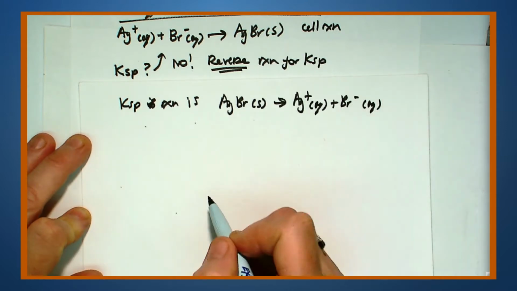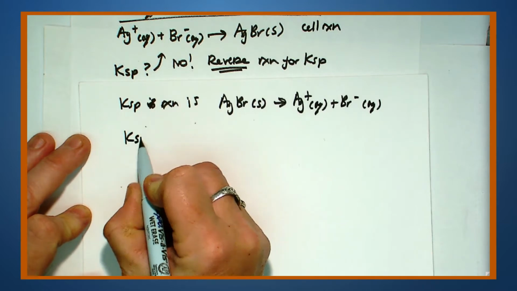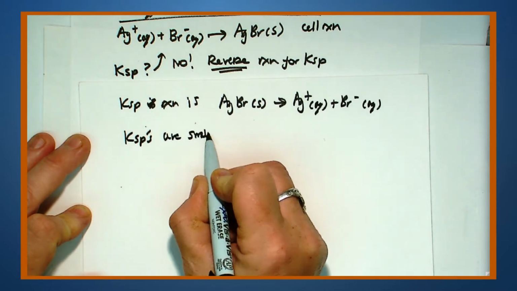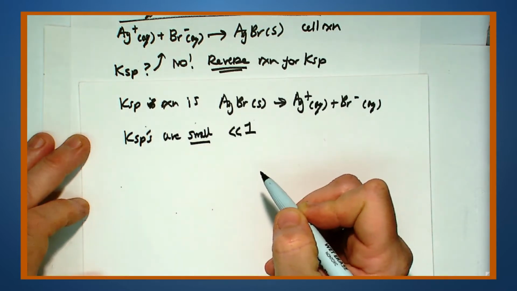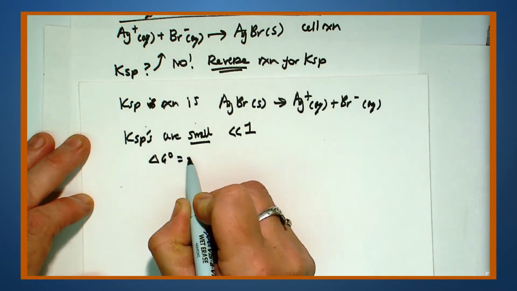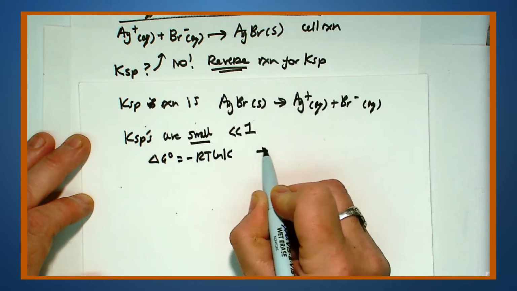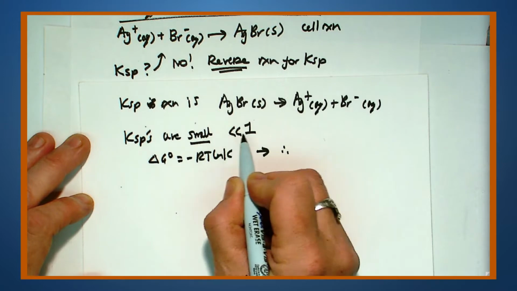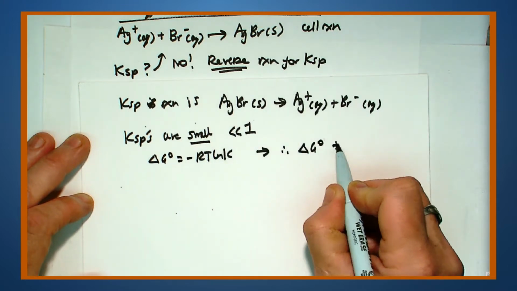Now, another thing we can think about, Ksps are small, which means that they are much less than 1. So if you think about it, if it's much less than 1, delta G standard is equal to minus RT natural log of K. So it follows, therefore, that if we have a small value of K less than 1, delta G standard is positive.